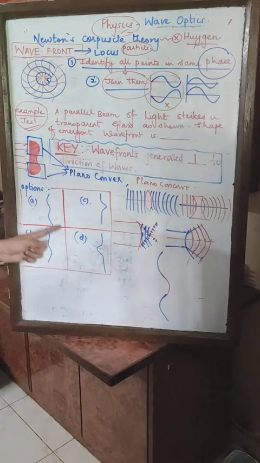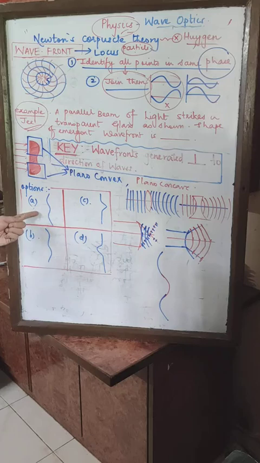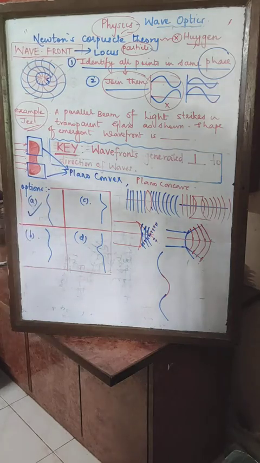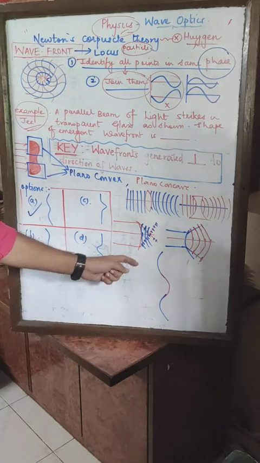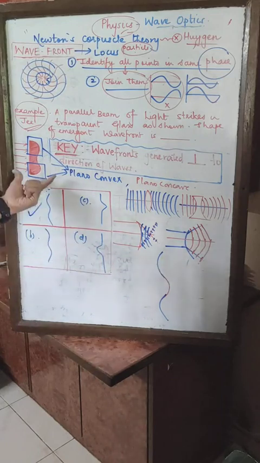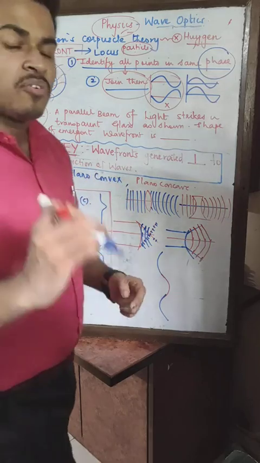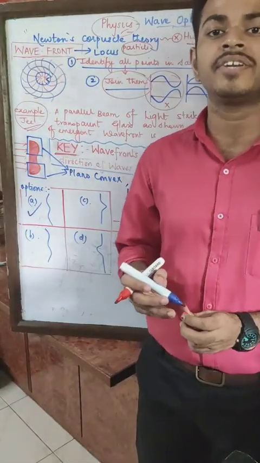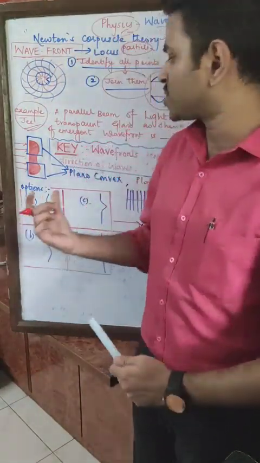So which option do you think is the correct one? Option A. So this is the resultant wavefront of this diagram. The key concept is that wavefronts are always generated perpendicular to the direction of the waves.